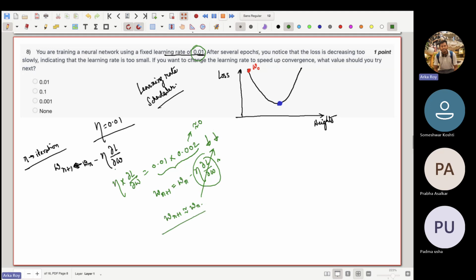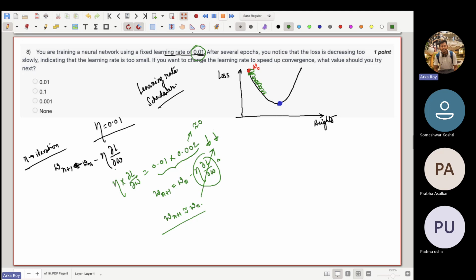So you can understand, due to a very small value of learning rate, your progress is very, very small. That means you will take a subsequently large amount of time. So this is what I am drawing, the iteration updates. You start with this position, then this position.